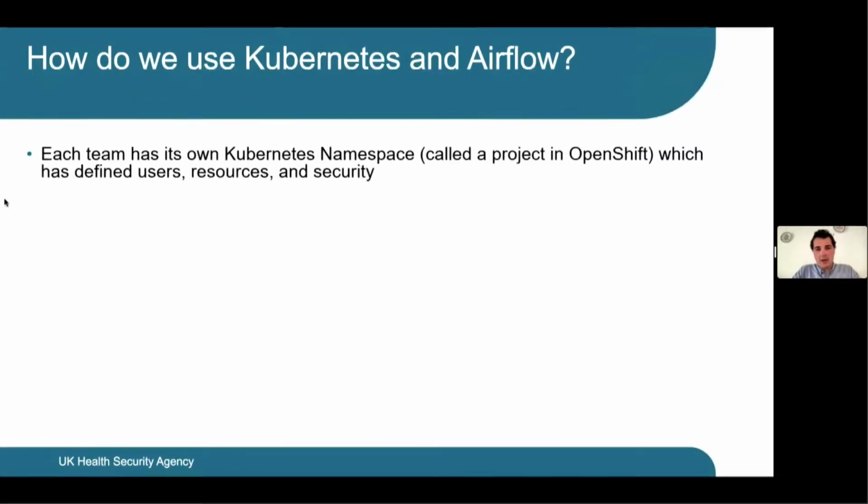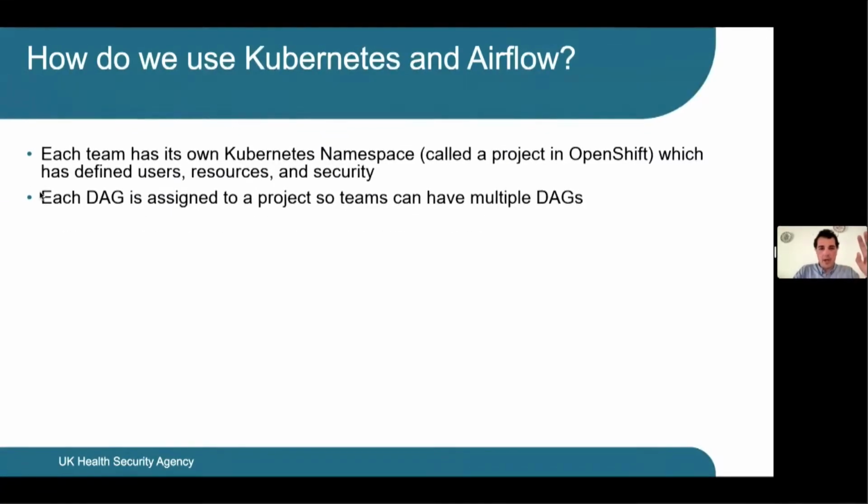And then when you integrate that with Airflow, you have all of your container images, all of your code, all of your credentials, all set up in Airflow, in OpenShift or Kubernetes, and then you assign each DAG to a project.